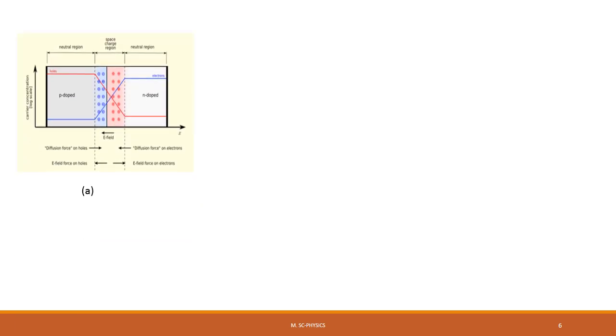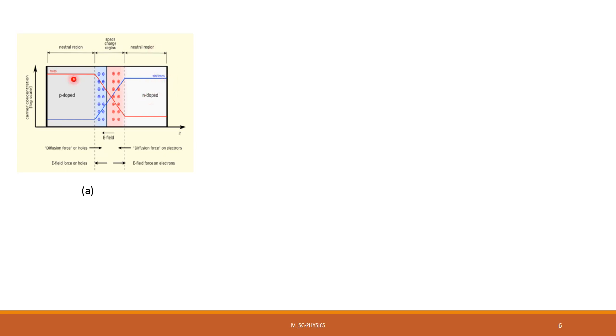Application of bias. It is in the neutral thermal equilibrium. It is neutral charge. There is no external force. Diffusion of electrons and diffusion of holes will be simultaneously injected into this p-n junction. Therefore, there is an electric field on holes and an electric field on electrons.